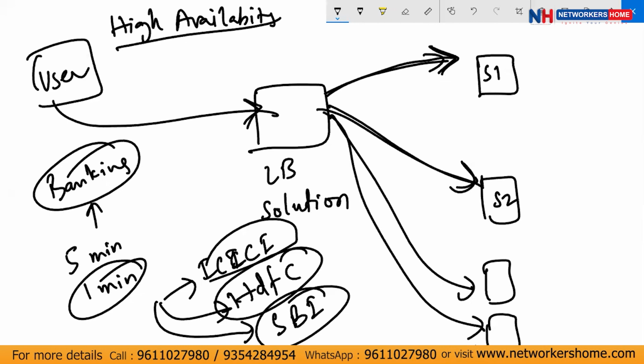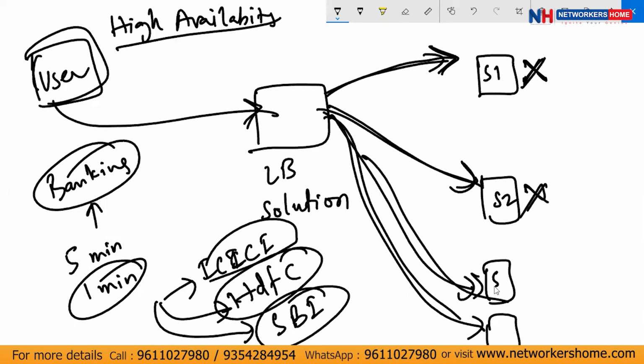So HA is the capability of the site to remain available and accessible even when one of the services goes down or there is a failure with one or more services. These two servers going down will not bring any impact to the user, because the user's traffic will go to other servers configured behind this IP address.